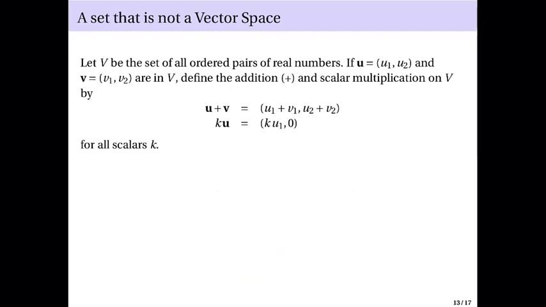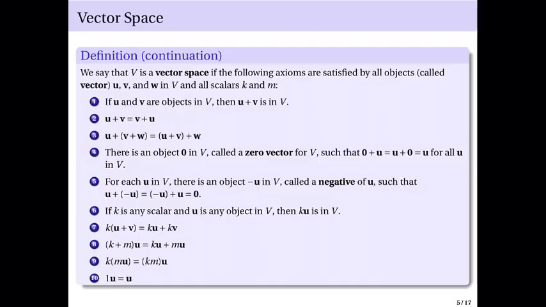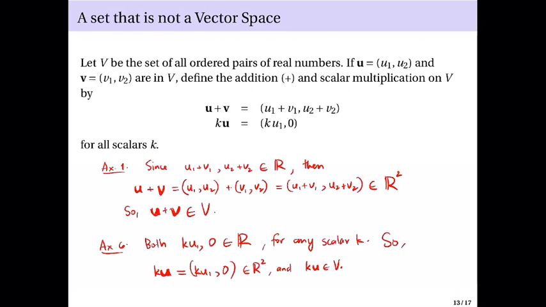But when you go to axiom 10, what is axiom 10? Let us go back to the list of axioms here. Axiom 10 is this guy here. You have a scalar 1, you multiply it to an object u in V, then you will get the object u in V. So you have 1 times this object u, that's equal to u.